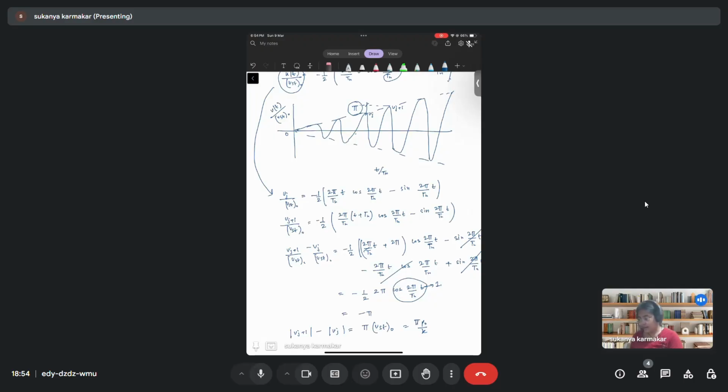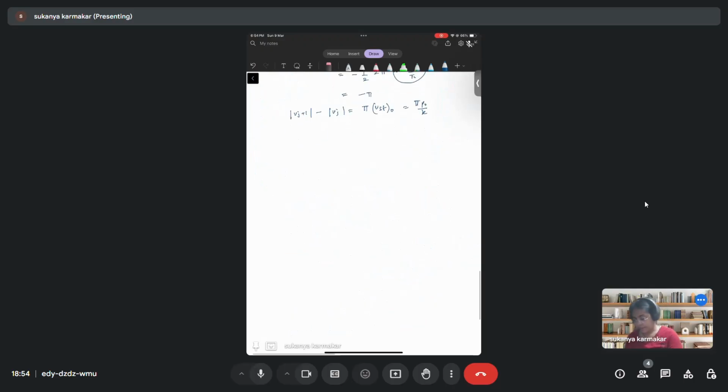So let's do the same thing when there is viscous damping. Harmonic vibrations with viscous damping. Your equation of motion is m u double dot plus c u dot plus k u is equal to p naught sine of omega t.